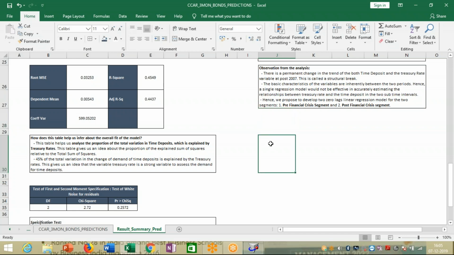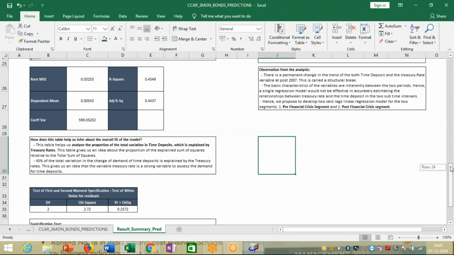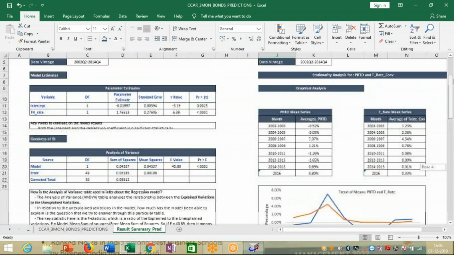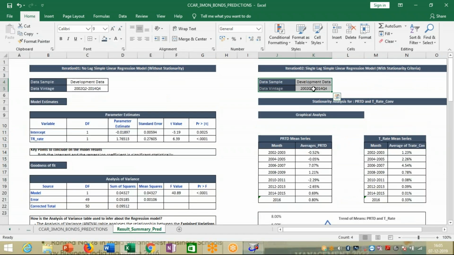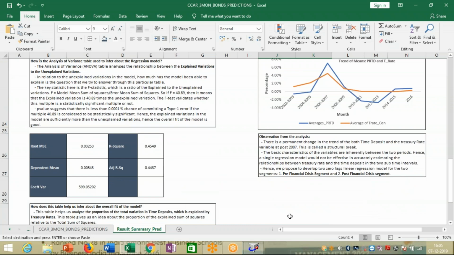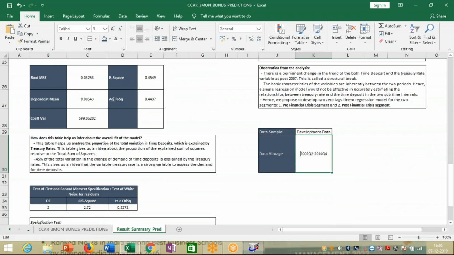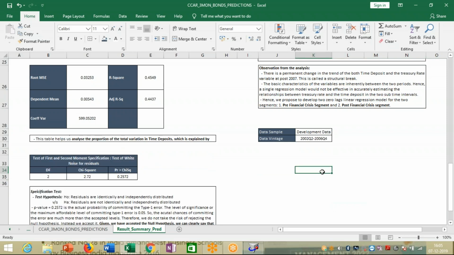Right. So how do we develop these two parts? The data requirements will now be changing under this segmented model. So the data sample is 2002 till 2006 Q4, will be one of the months, right? So this is the development data.